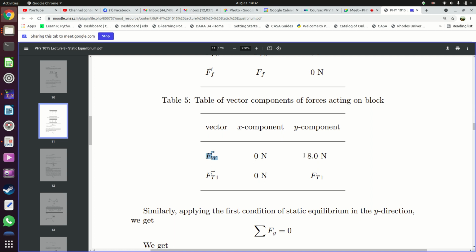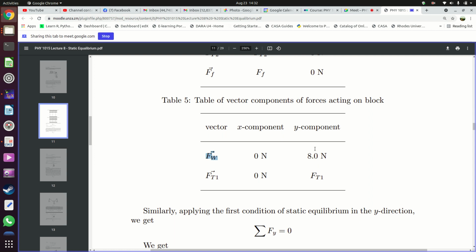Then FW sine 270 degrees, that should give you minus FW. Then for the tension, Ft, the x component is Ft cos 90 degrees, that should give you 0. Then Ft sine 90 degrees should give you 1. So you end up having minus Fw for the weight.